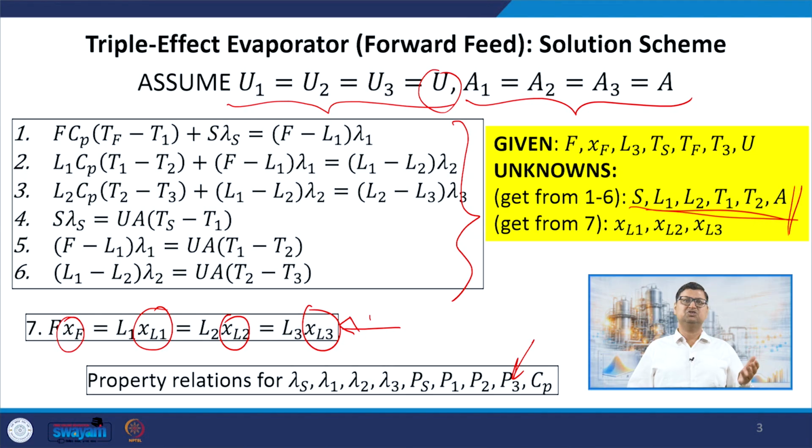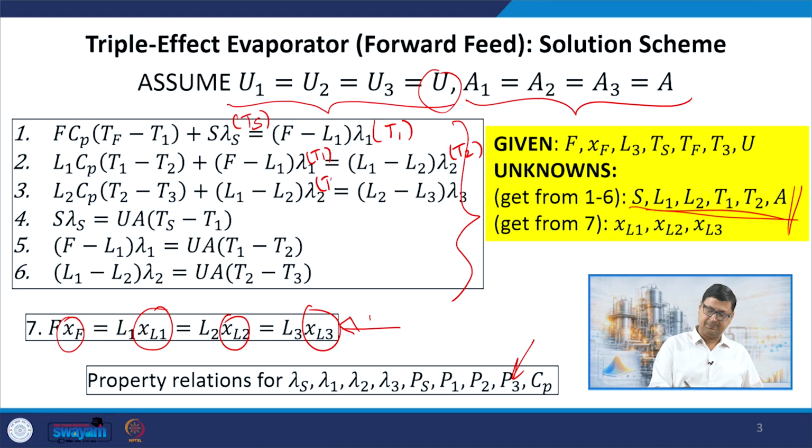In this case, we assume the heat capacity to be constant, but the latent heat at least depends on the temperature. So lambda s is some function of Ts, lambda 1 is some function of T1, lambda 2 is some function of T2, and lambda 3 is some function of T3, and these are non-trivial functions, so the equations are highly nonlinear.